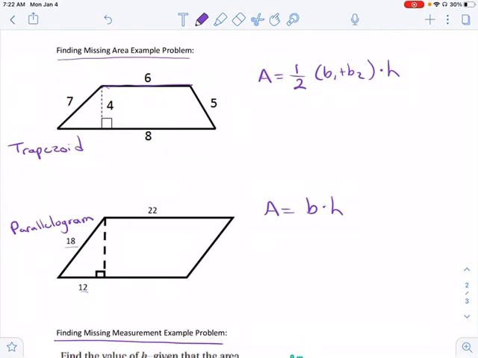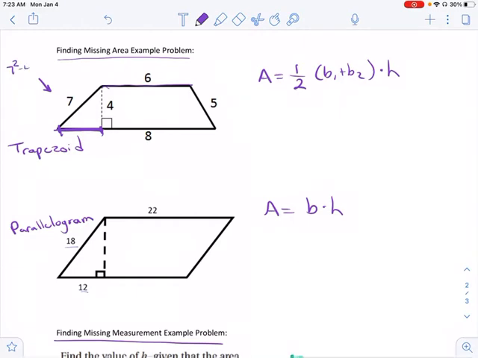Let's see. It might actually want us to go and find this distance as well, which again, a little bit more complicated than kind of what I had intended, but that's going to be okay. We'll just go ahead and figure out that distance, which I need for basically base 2. And that is going to amount to doing some Pythagorean theorem.